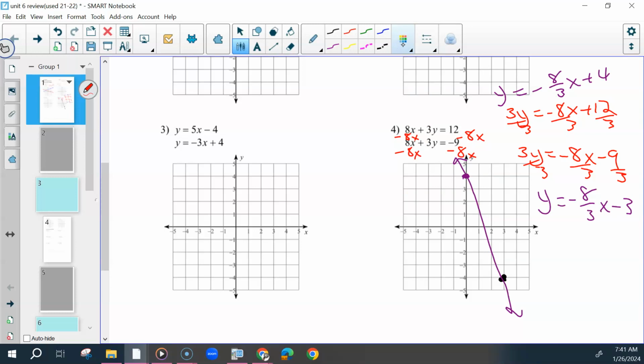And then the other one, starting at negative 3, we can go up 8 to the left 3. But they should be parallel lines that won't cross, so no solution.